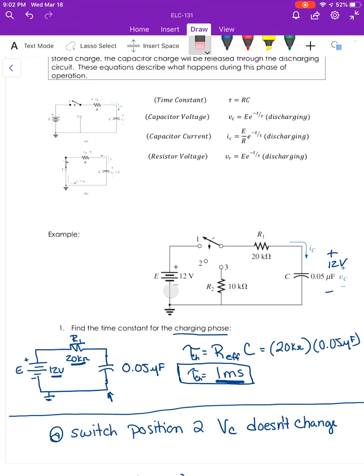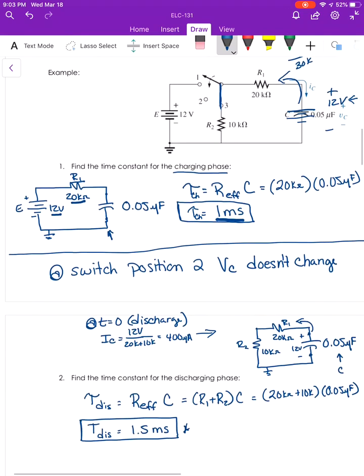Okay, so let's say now we're going to switch to the discharging phase. At this point, this 12 volts over here actually becomes something like a source that's now going to drive current in the other direction, and that's going to be our 12 volts divided by the 30K, which was the 400 microamps, sorry.